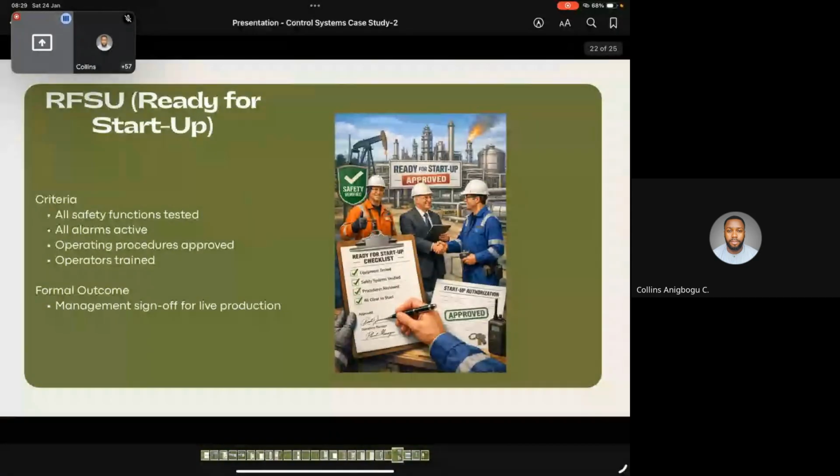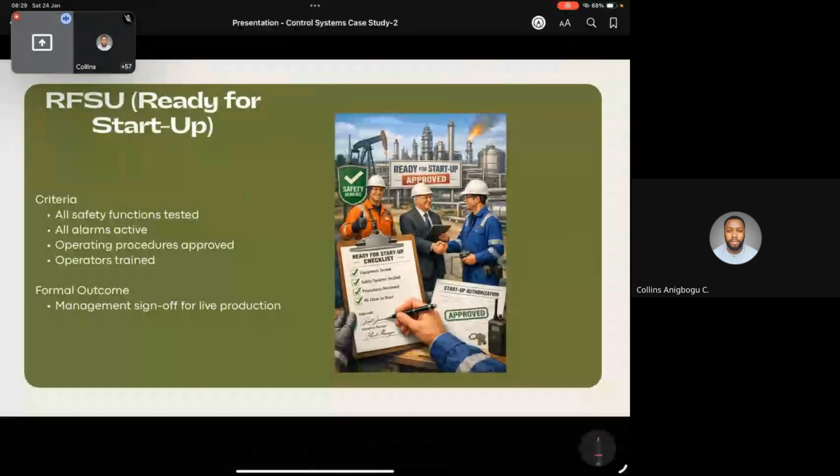So RFSU, ready for startup, and the criteria: all safety functions are tested, all alarms are active, all operating procedures are approved, all operators are trained, right?